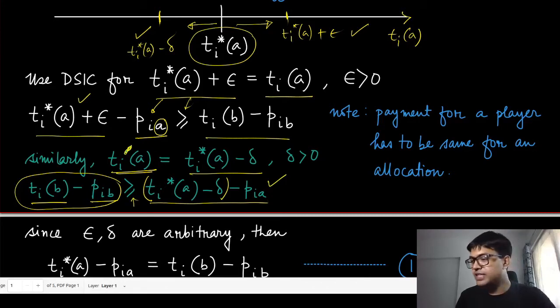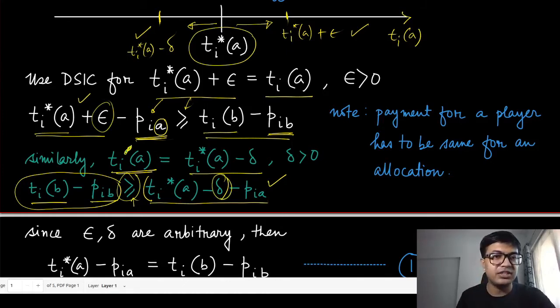Now what you can see here is that if you look at these quantities, Ti star A minus Pi A and Ti B minus Pi B, all that is different in these two inequalities is that they are flipping their sides of the inequality, and epsilon and delta are added or subtracted in these two cases.